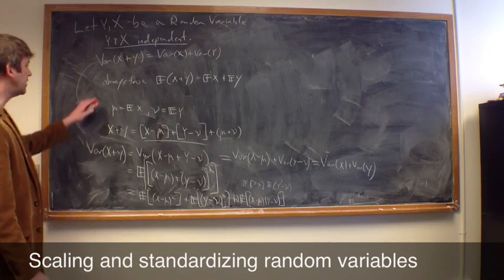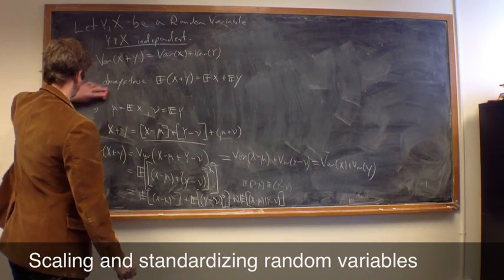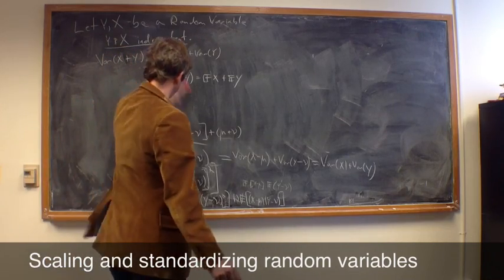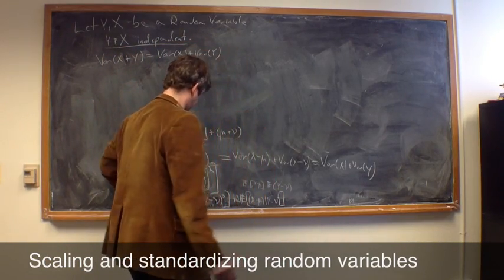Alright, so how are we going to use this new fact that we've just shown? Let's use it in an interesting way to prove something which will be useful for us later.